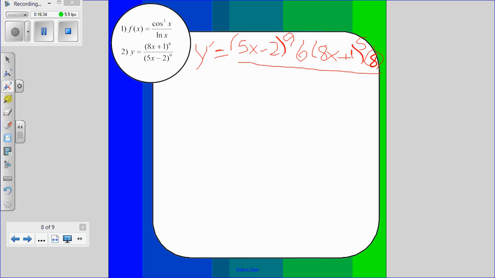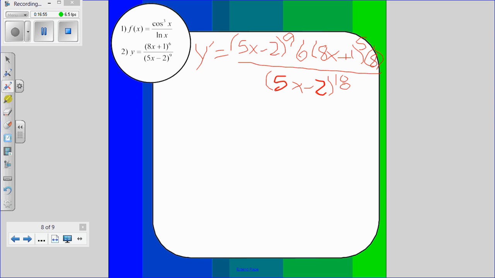Again, we're going to have to do these in two separate fractions, so be sure that you know that in the denominator you have 5x minus 2, because that bottom has to be squared, to the ninth squared. Remember, power to power you multiply, so that's got to be to the 18th, doesn't it?